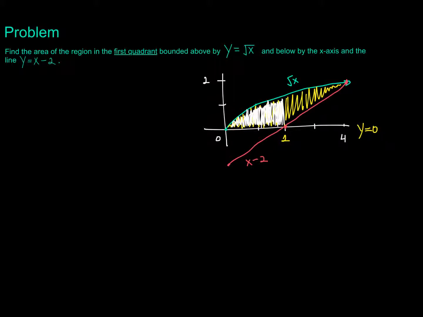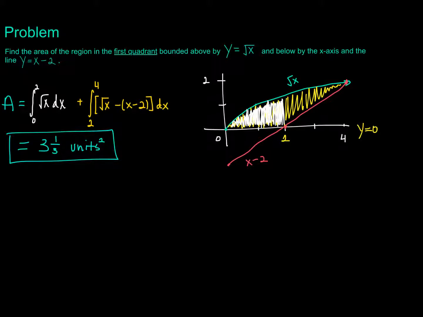So my area of the whole thing can be computed as follows, where I have to be very careful that my limits are correct, and I can look at my shaded areas to make sure that the white area here is from 0 to 2, and then the gold area is from 2 to 4, and that my heights are appropriate for each of those areas. And then going ahead and computing, I can do this in my calculator, or I could do this by hand. And either way, you end up with 3 1/3 units squared.